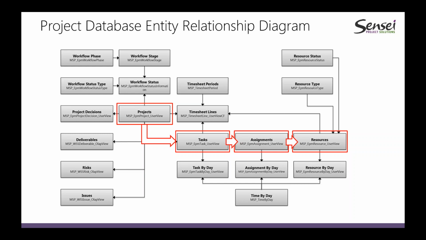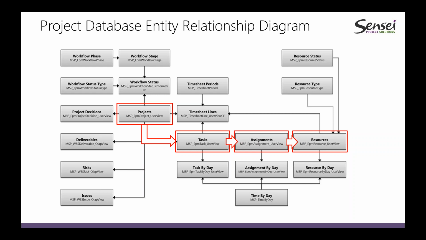So it's important to know this particular relationship, and that means that when you're creating a Power BI model, you need to create those relationships within your model for that to display any particular information.